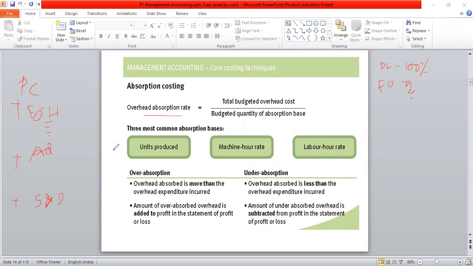But were overheads incurred very little for it? No. Since the product depends more on machinery and less on labor, and the rate is calculated based on labor rate, a smaller amount of cost will be charged to that product. So there are many issues, and it would not be precisely calculated. The total amount which has to be allocated to each product will not be exact.